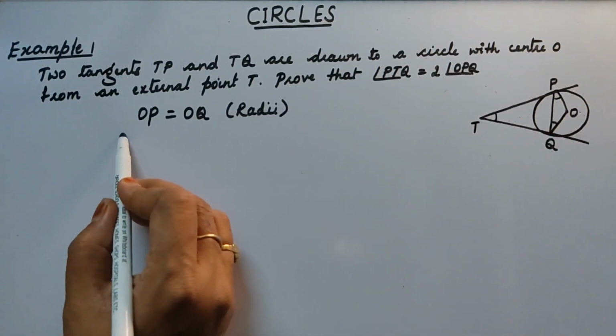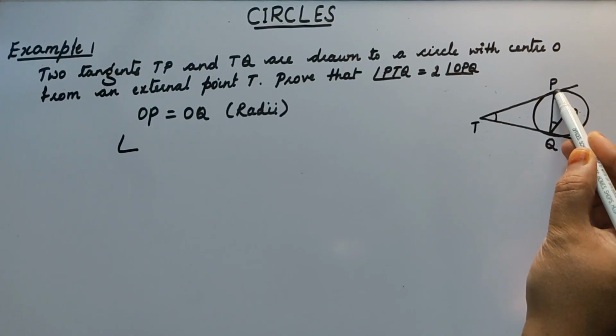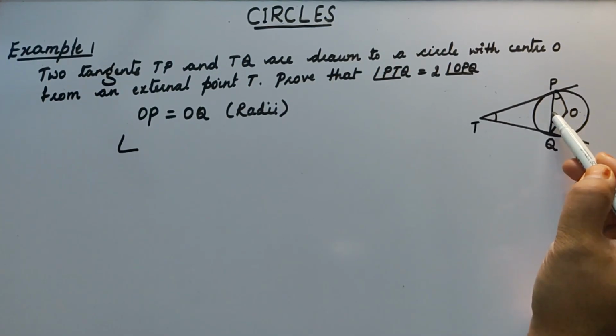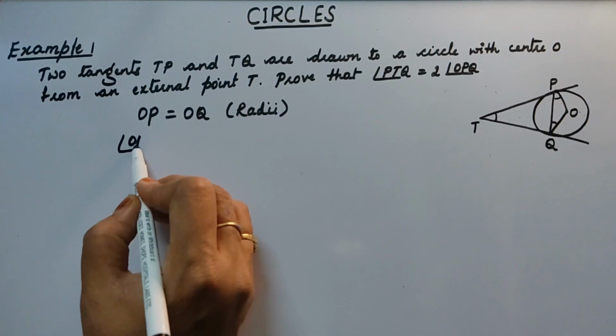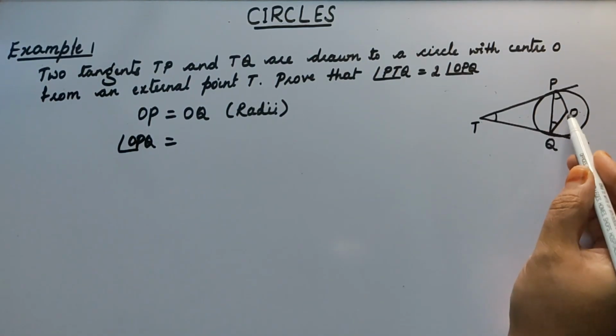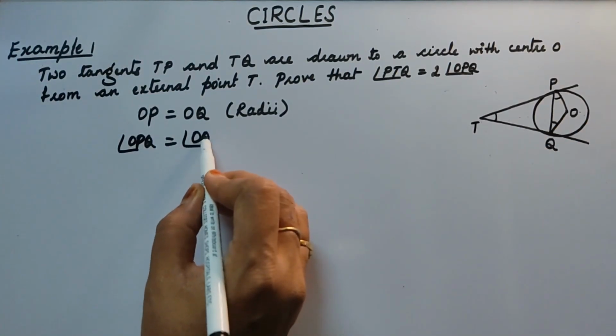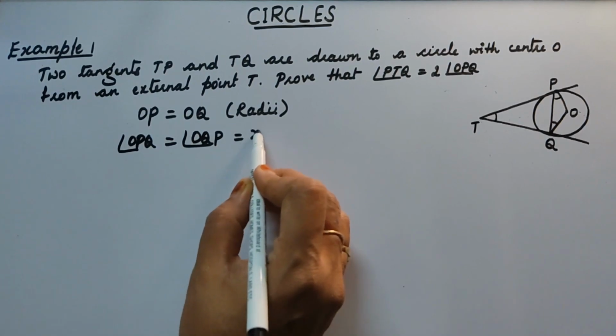When marking an angle, the center letter should be in the middle. That is OPQ is equal to, now this should be at the center, OQP, which is equal to x.